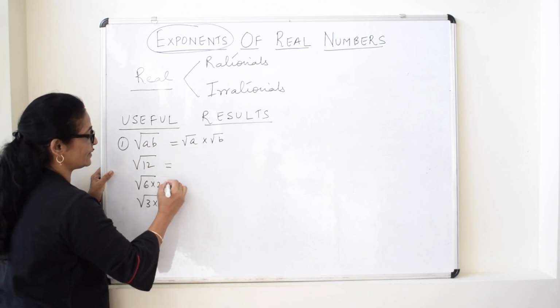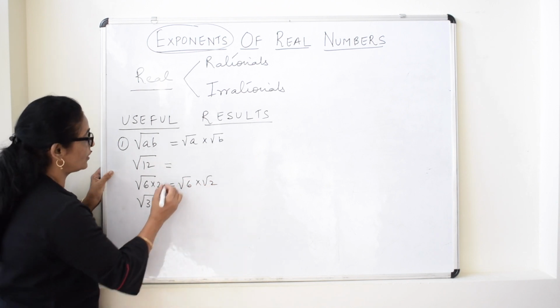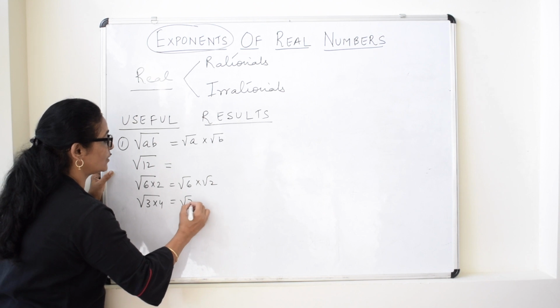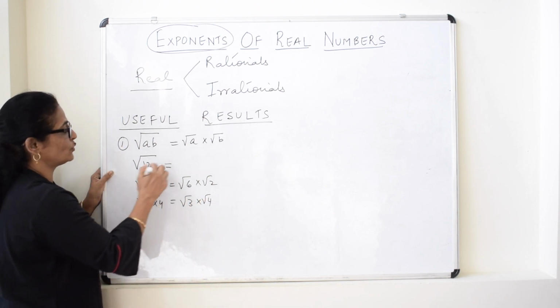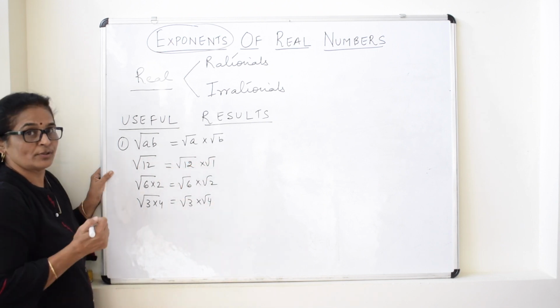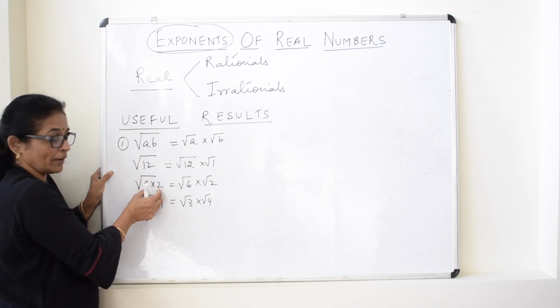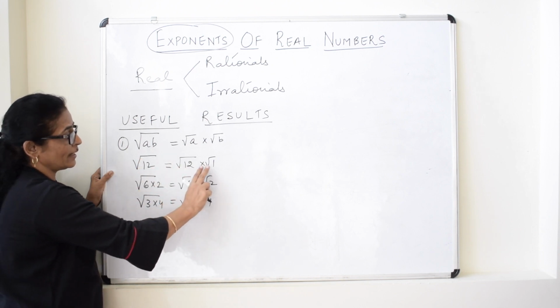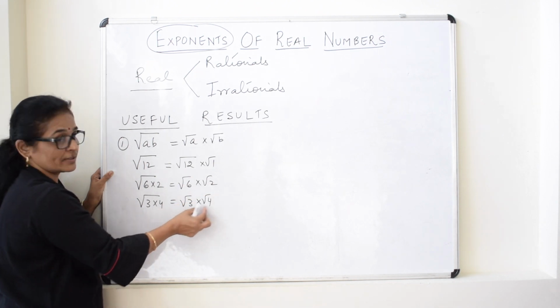We can rewrite it as under root of 6 into under root of 2, or similarly under root of 3 into under root of 4. But directly we can also say under root of 12 into under root of 1. What are we doing? A number which is a product of two numbers can be written, with the same radical sign, as its two factors.